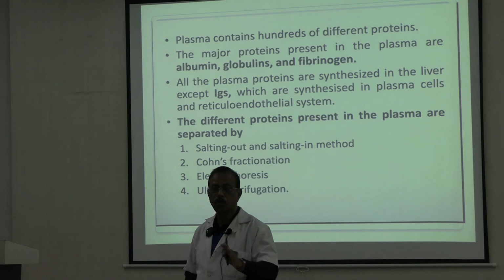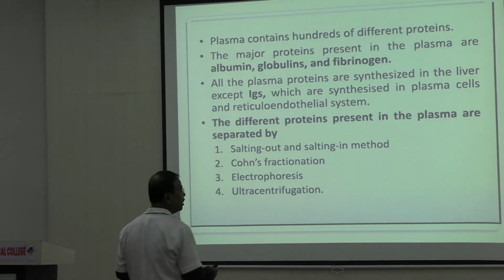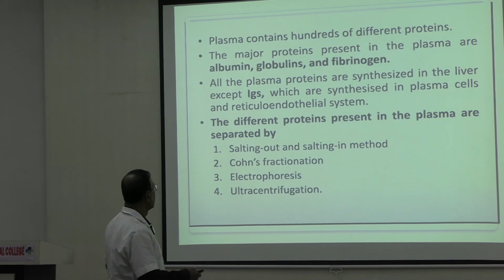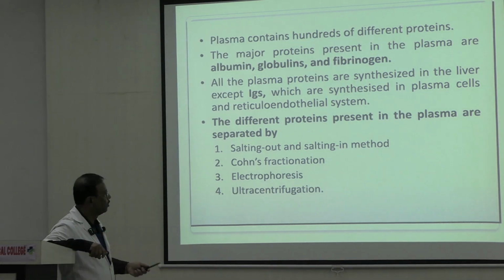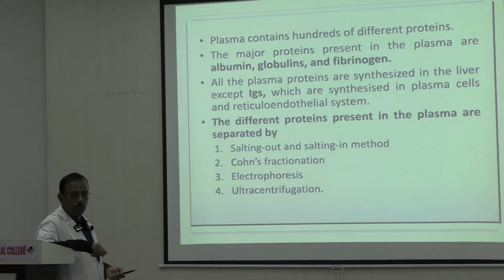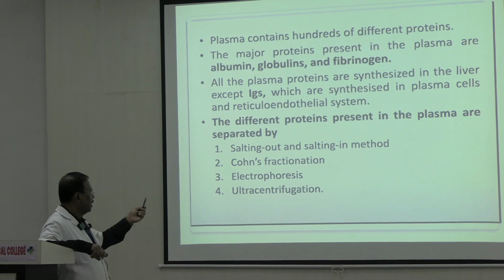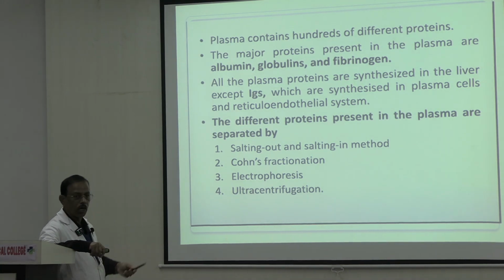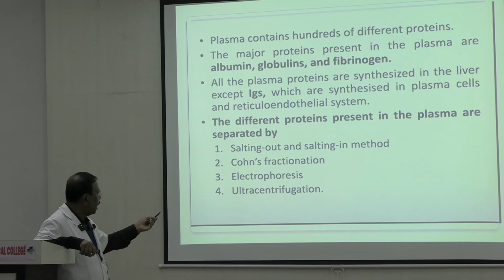That is technically called fractionation of protein. So, different techniques are there. You have to know the salting out and salting in method, Cohn's fractionation, electrophoresis, and the most modern technique of separating the proteins, ultracentrifugation.